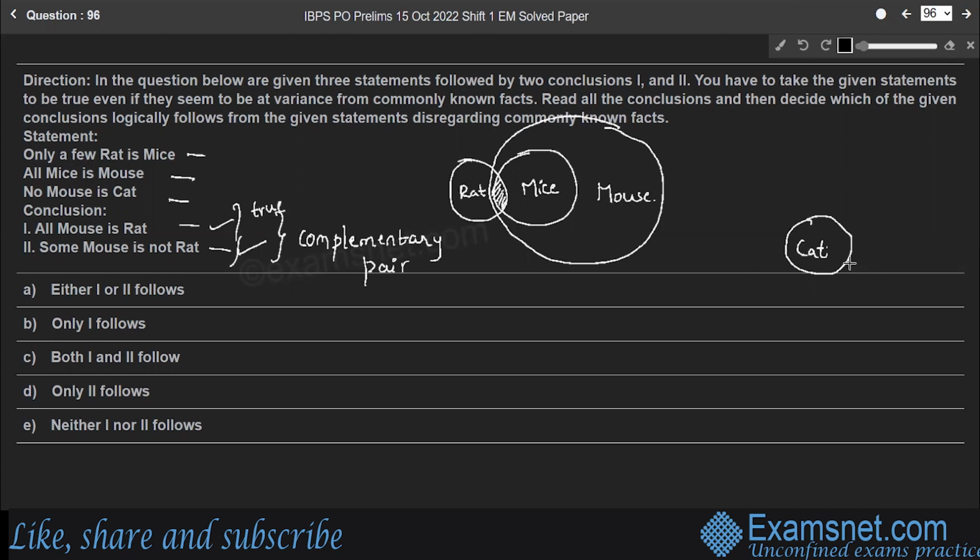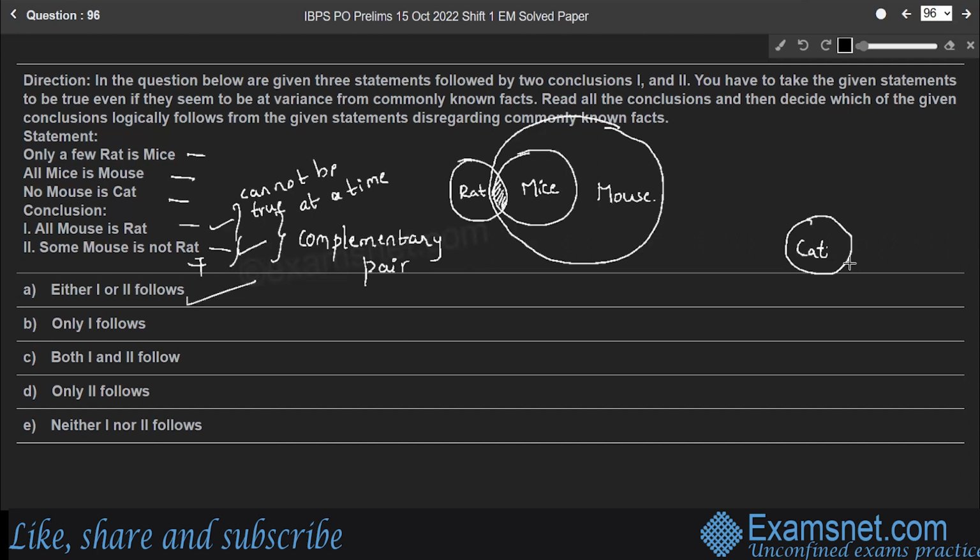If one is true, the other cannot be considered. If the second one is true, the first one cannot be considered, right? That means either one or two is true. Therefore, whenever there is a complementary pair of conclusions, always the answer will be either one or two follows.